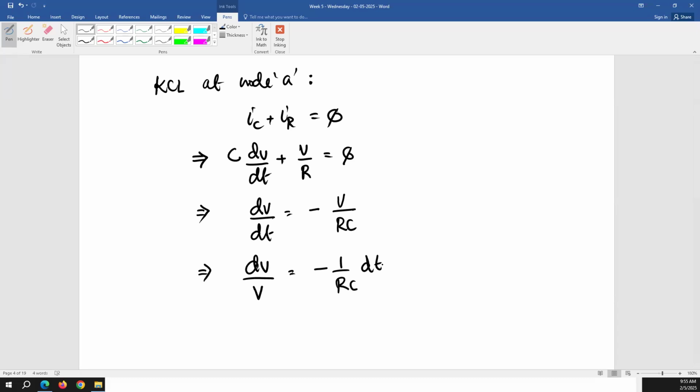And now to find the expression for voltage, we are going to integrate both sides because integration is the opposite of differentiation. So integrate dV over V from the initial value V naught to any value of capacitor voltage at time t. Take initial value of time t is equal to 0 to any time t.